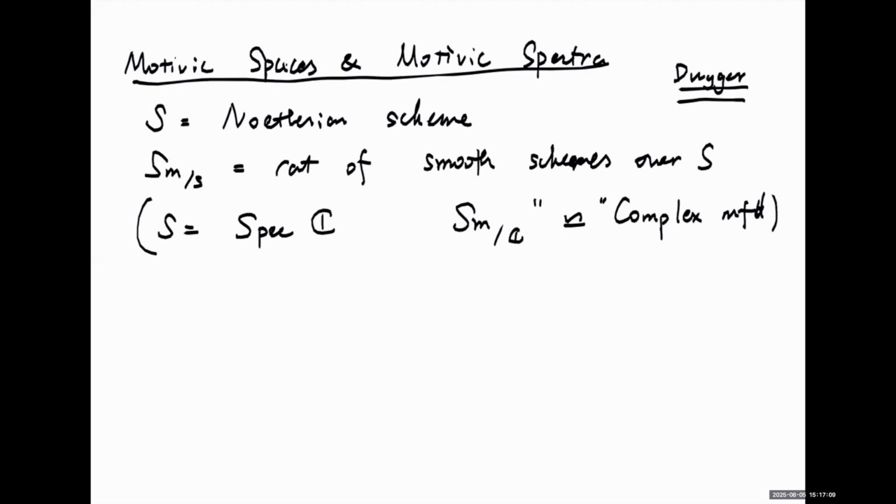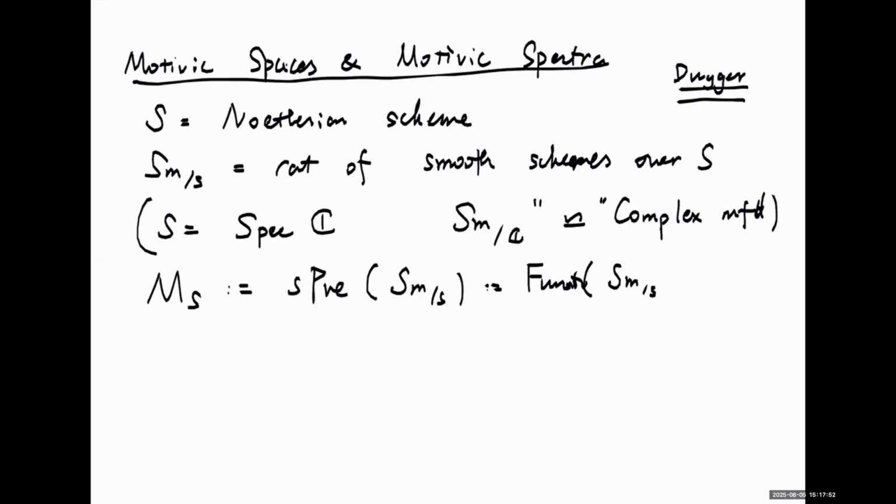So there is a way that you can understand it, and today we care about this guy, which is the motivic space over S, which is defined to be the simplicial presheaves over smooth schemes over S, or the functors from smooth schemes up to the category of simplicial sets.